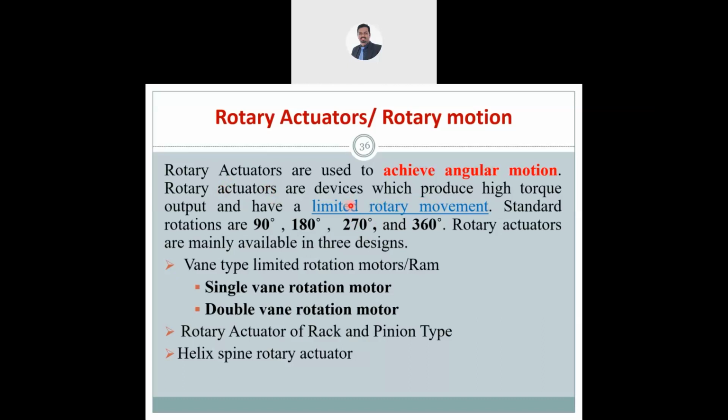Normally rotary actuators will produce high torque output. Torque means the turning effect of force. Normally we will have a limited rotary movement. It can be either 90 degrees, it can rotate 90 degrees, 180 degrees, 270, or 360. And you can also have unlimited angle, continuous. That is also possible.